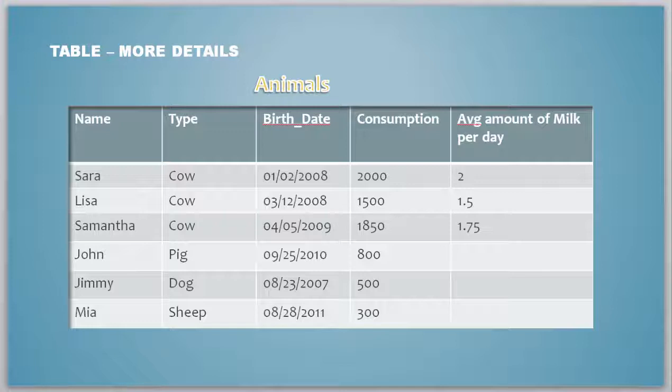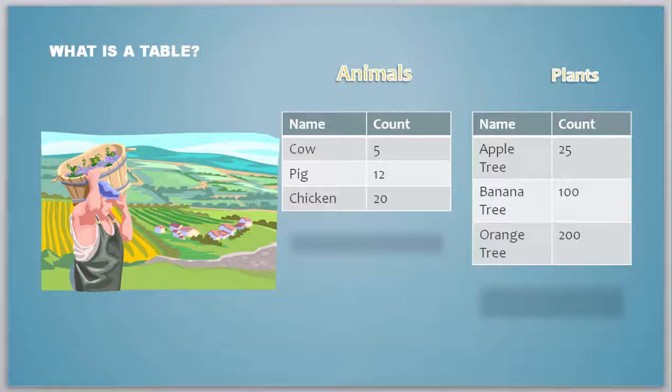In the last video, we saw the overview of the structure of a table, and in this video, we will look into more details of the structure of the table. Actually, this was the last video where we saw Mr. McDonald creating two pieces of paper with the names animals and plants and listing out what he has.